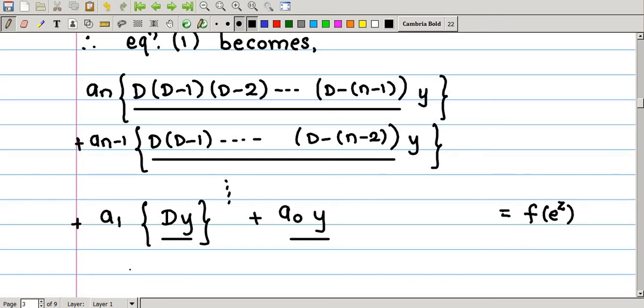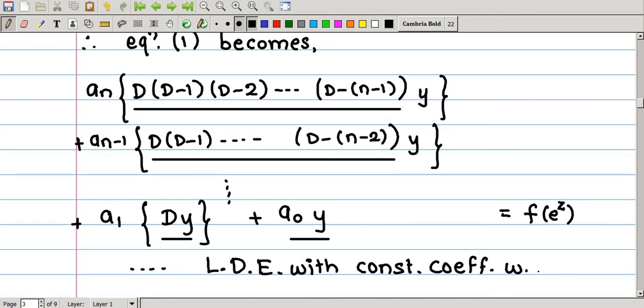So if we simplify, this will be a linear differential equation with constant coefficients with respect to variables y and z.